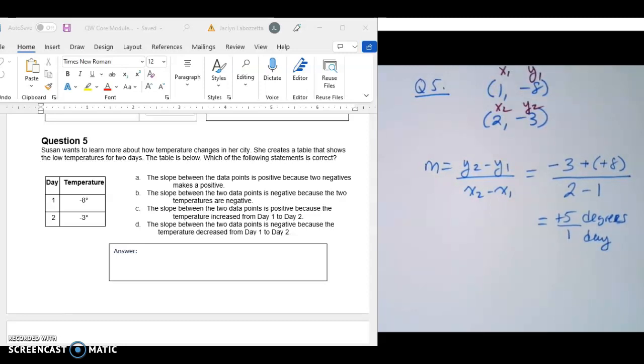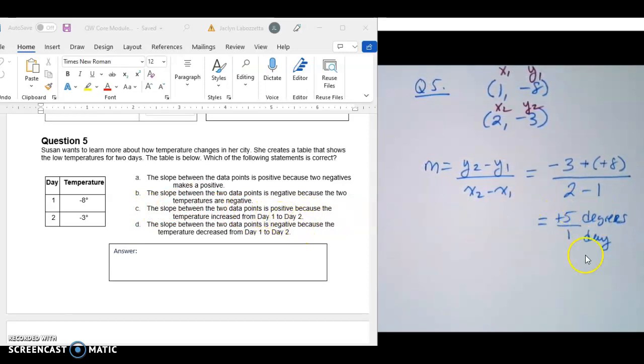All right, so let's take a look. The slope here is +5 over 1. So let's take a look at part A. The slope between the data points is positive because 2 negatives makes a positive. Well, it's positive because when we subtract it, so let's see if there's a better choice. B says negative, so that's no good. C, the slope between the 2 data points is positive because the temperature increased from day 1 to day 2.